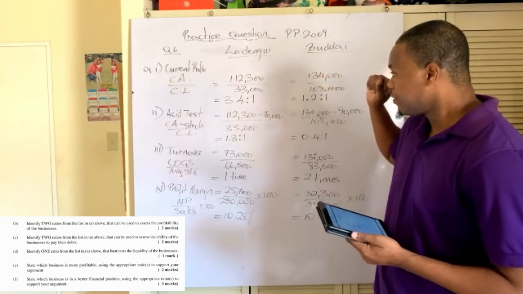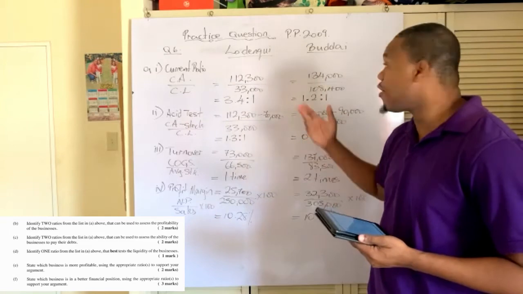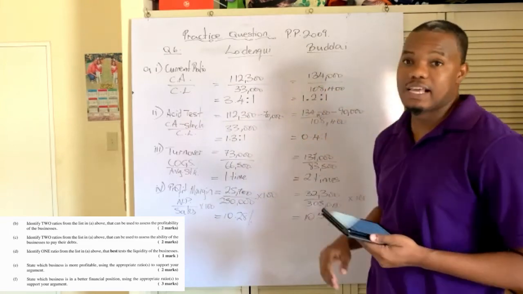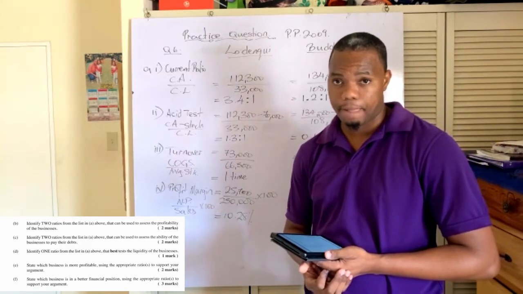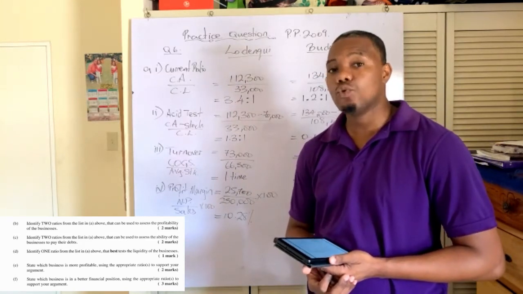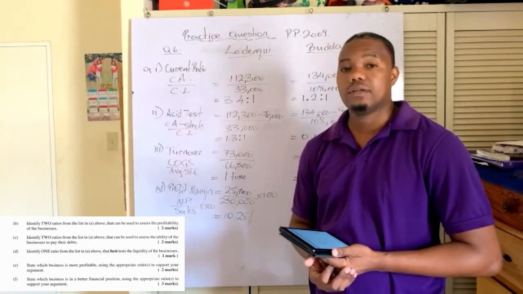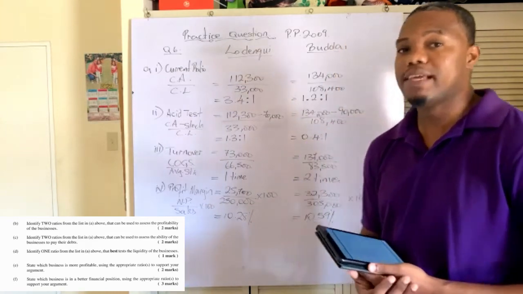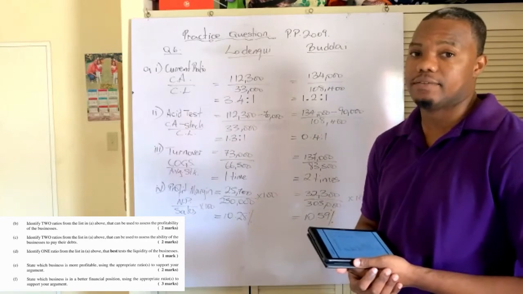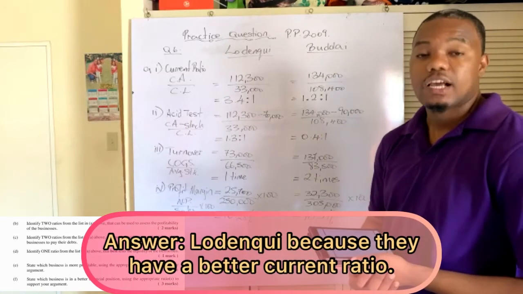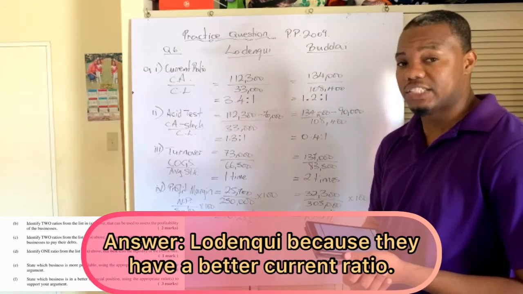I said before that a good current ratio is 2 to 1 or 2.5 to 1. Anything less than 2 to 1 is not good. So with that being said, which business is in a better financial standing? Excellent. So Denki would have been in a better financial standing.